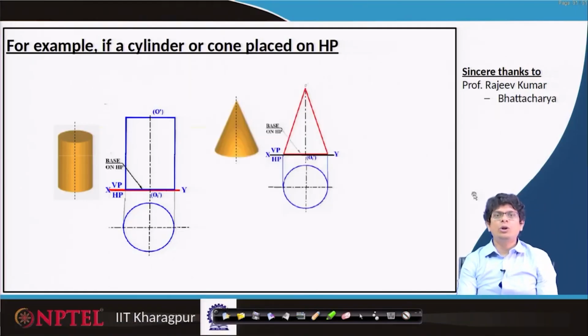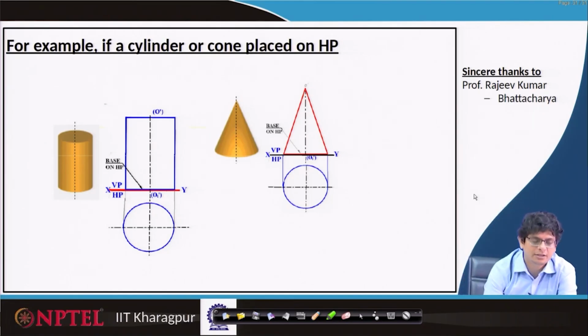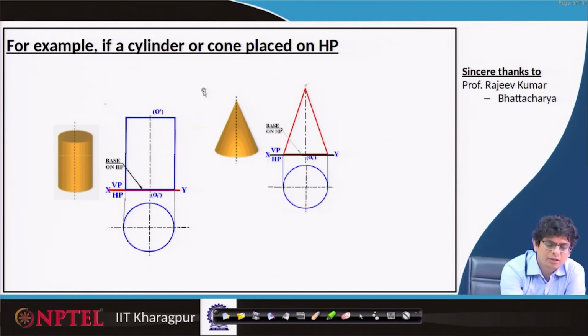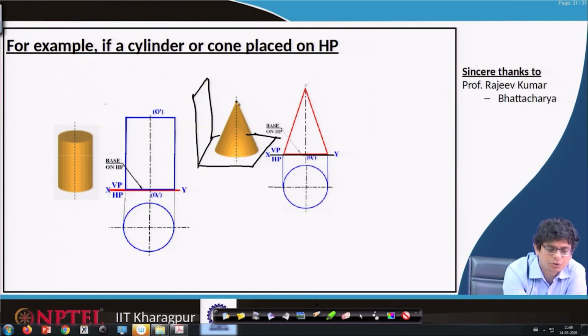Now, if a cone is resting on the horizontal plane, how does it look? Same way, this is the horizontal plane, and this is the vertical plane. So, project that, and this edge maps, that one also happens.